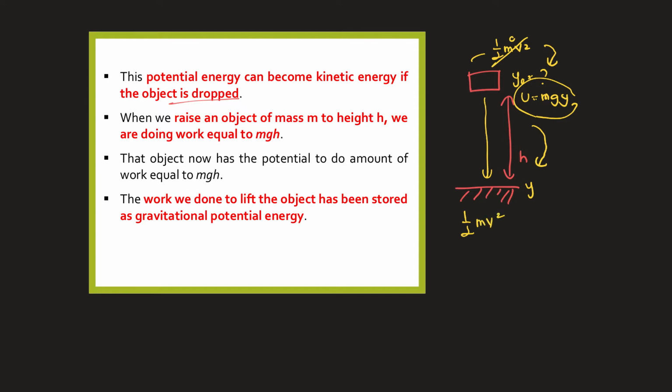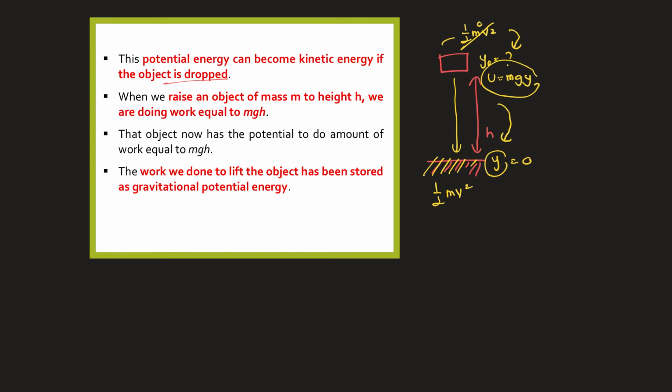Here your potential is going to be 0, because I chose this part as my reference point. So it's up to you. You can choose any part as your reference point, but you need to understand that energy cannot be destroyed or created, but can be transformed into other forms of energy. So it can change between kinetic and potential.